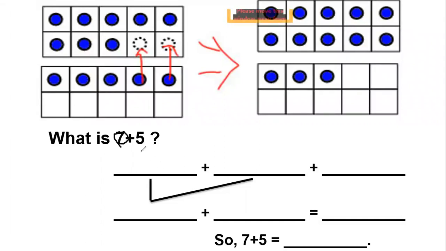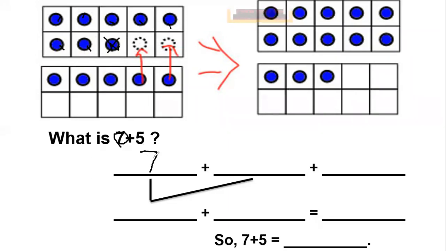So, I'm going to take number 7 and I'm going to write number 7. Now, look how many counters I have inside the 10 frame. 1, 2, 3, 4, 5, 6, 7, 8 here. They have drawn here 8 counters, but it should be 7 plus. So this is 7 plus 5.